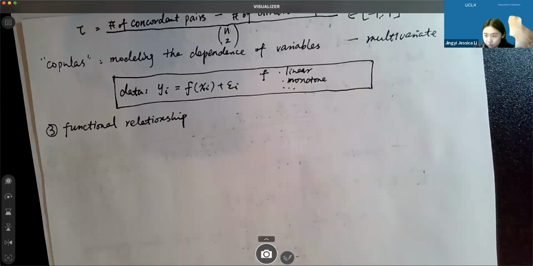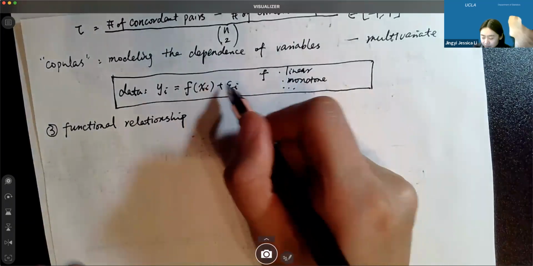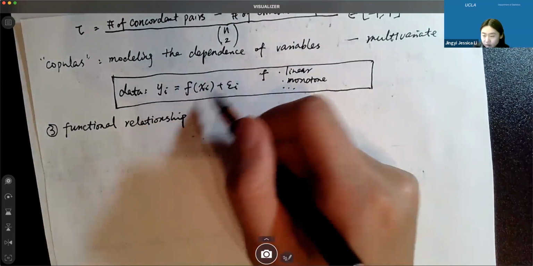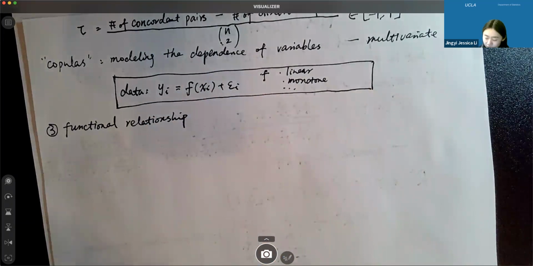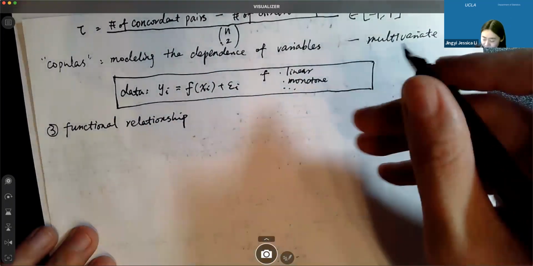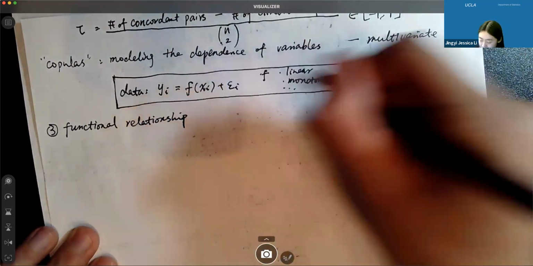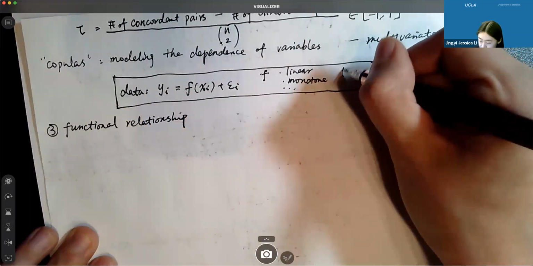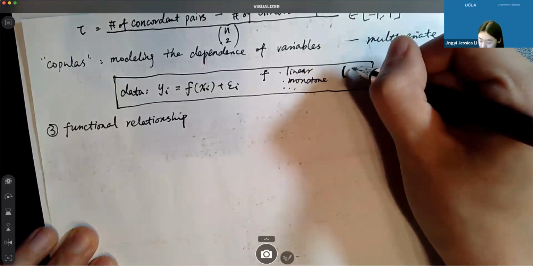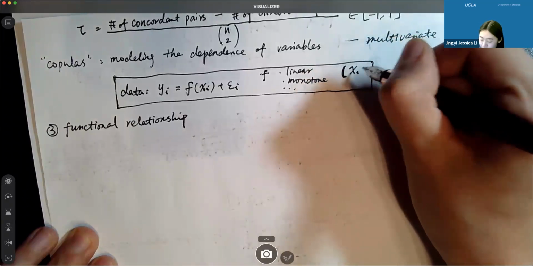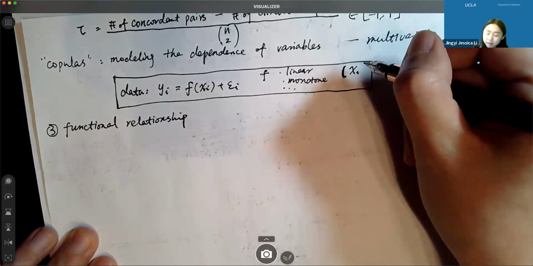But all the measures we discussed so far, like Pearson, Spearman, Kendall's, are all symmetric about x and y. Therefore, it's possible the noise is not just added to y, you may also add it to x.